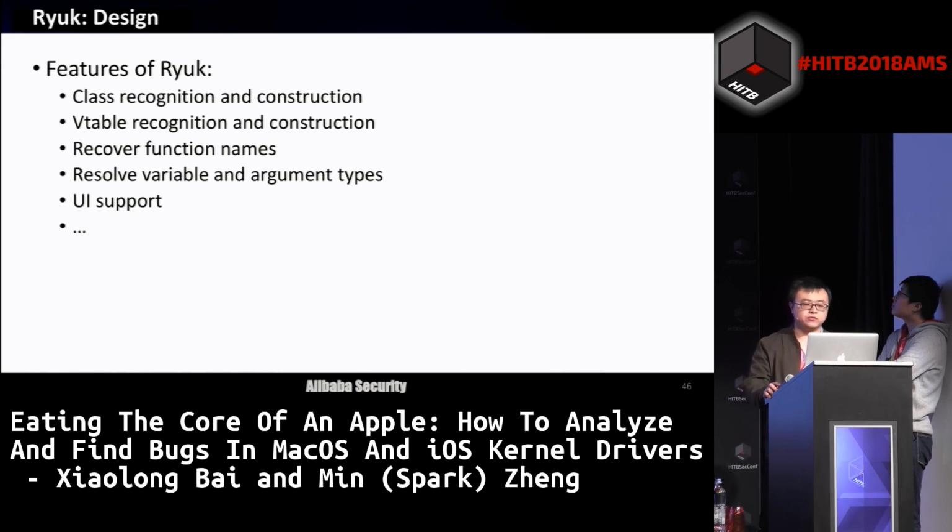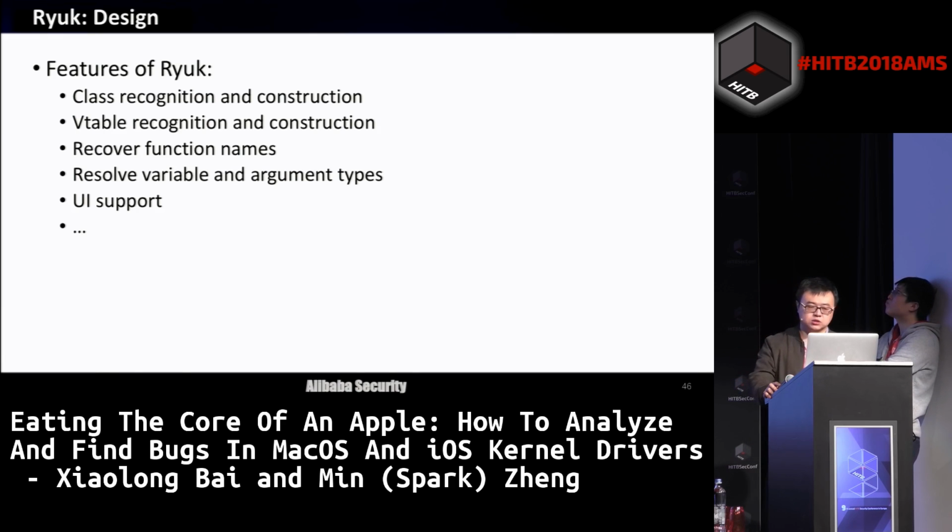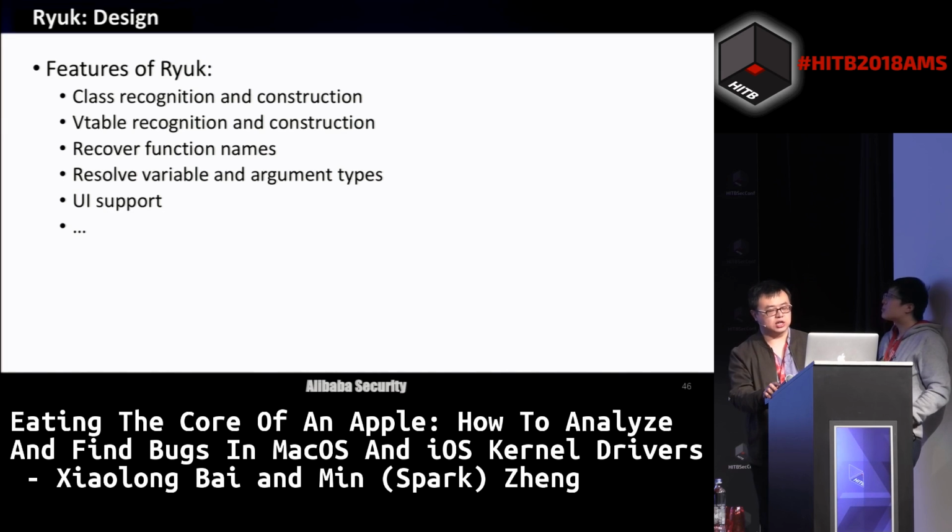So let's talk about the features of Ryuk. We designed and implemented Ryuk with the below features. These features are mainly for solving the lost symbols and the object-oriented programming issues in binary code. The first feature is called class recognition and construction. In this feature, we identify classes' basic information, including names and sizes, and then construct class structures in IDA Pro to represent these classes.